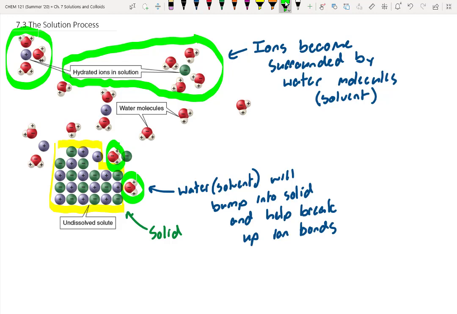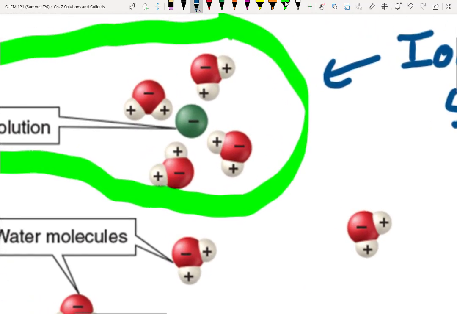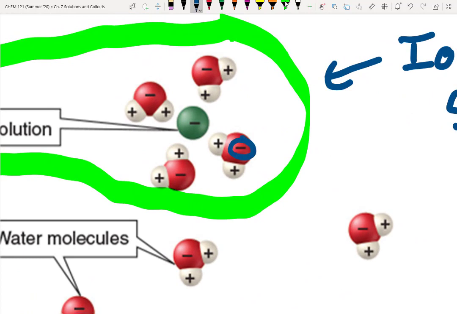The main difference between the two is which side of the water is facing the ion, right? We know that opposite charges attract. So if we think about the net dipole in water molecules, they tend to be pointed towards the oxygen side. So over here, if we zoom in really close, we can see that we've got a negative charge on the oxygen side of the molecule.